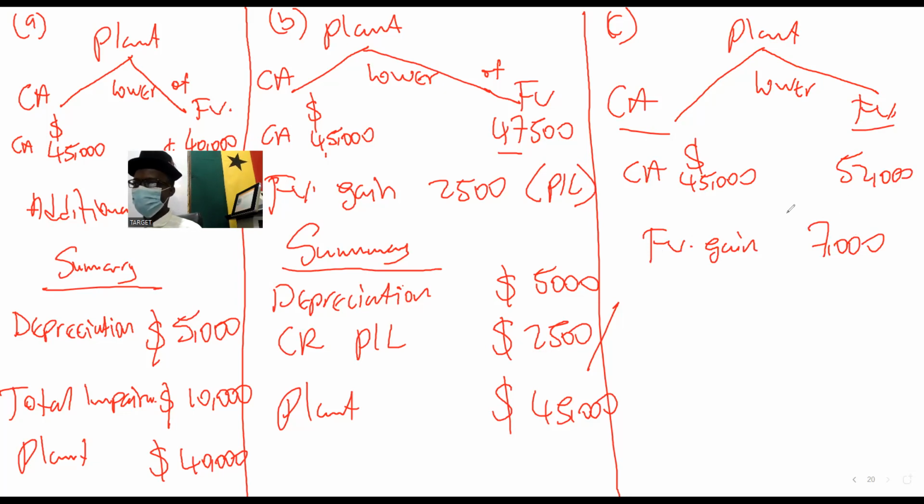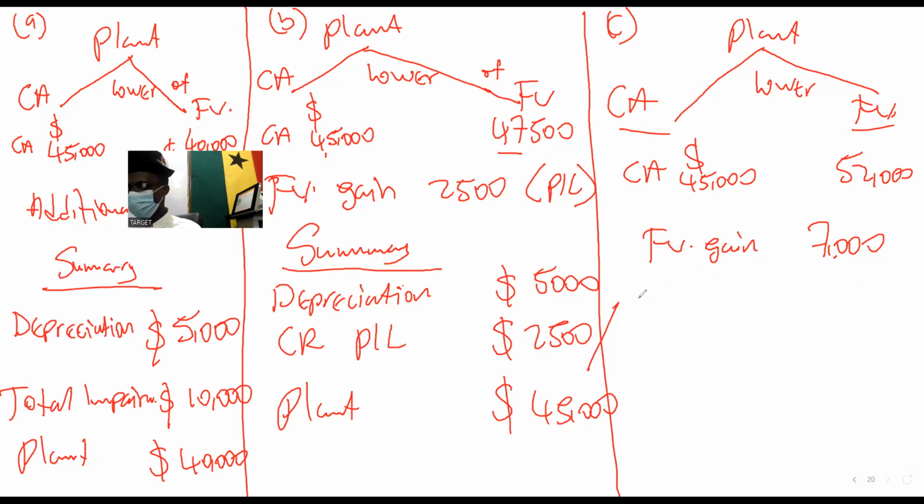Good. Over here, this fair value gain, we could reverse an impairment. So we can reverse the 5,000 impairment from this, and then we can now record again. So here, even though the gain is 7,000, the maximum we can record is what? 5,000, not the entire 7,000.